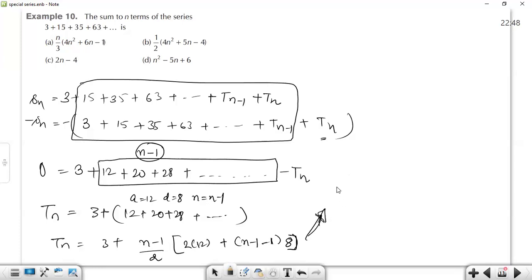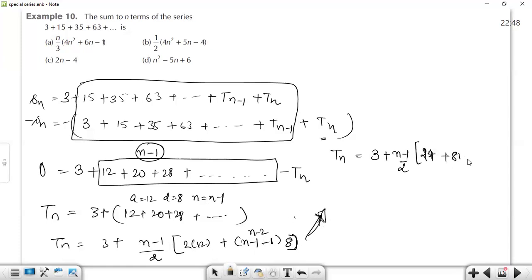Now the nth term becomes 3 plus n minus 1 divided by 2, 2 into 12 is 24, plus n minus 2 into 8.